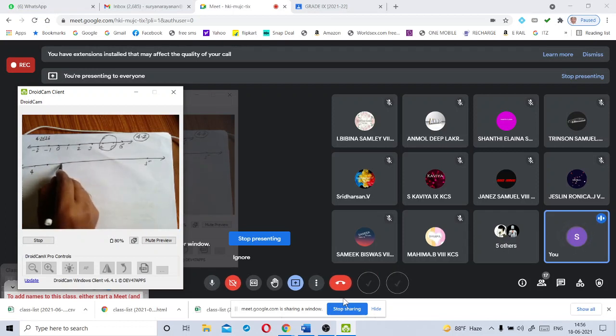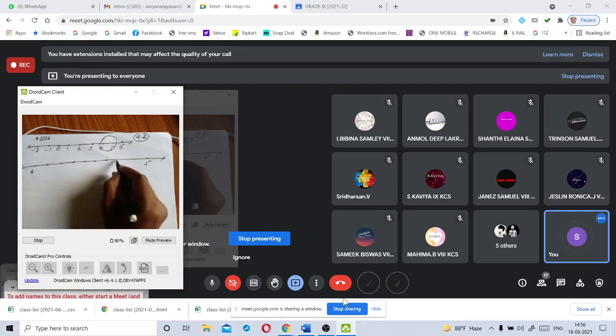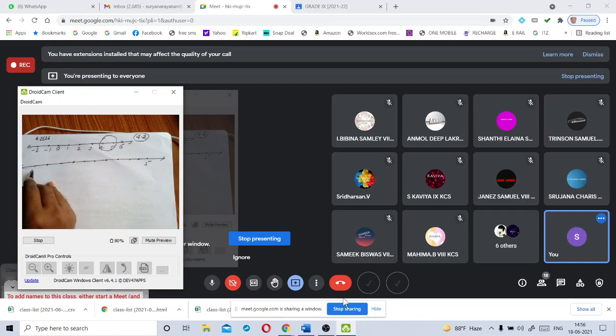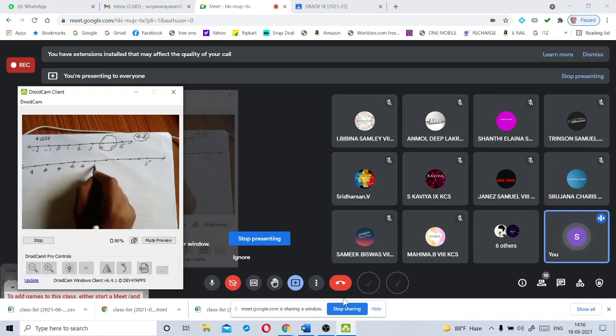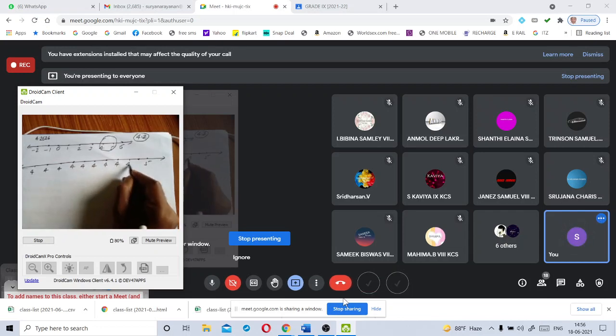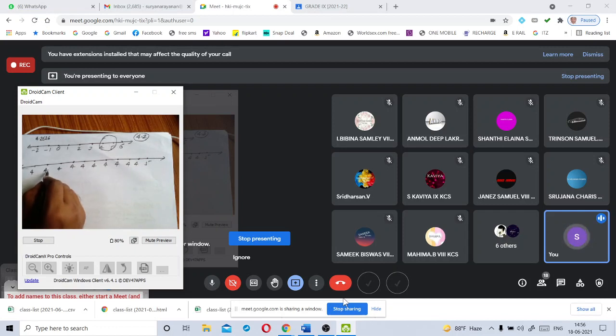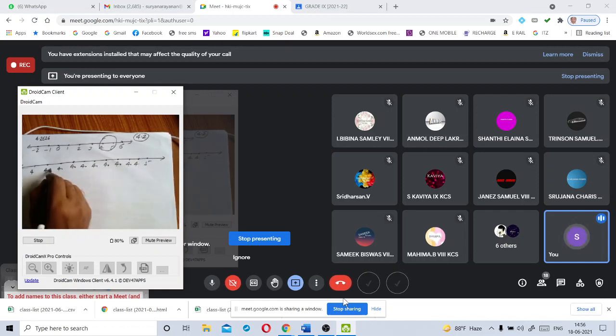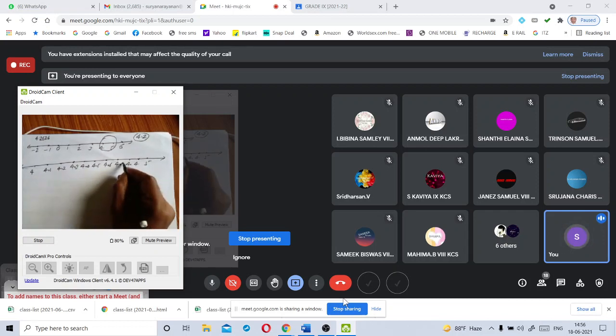Write 4 at each mark, then the decimal point, and then write 1, 2, 3, 4, 5, 6, 7, 8, 9.